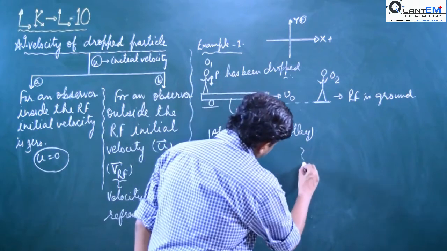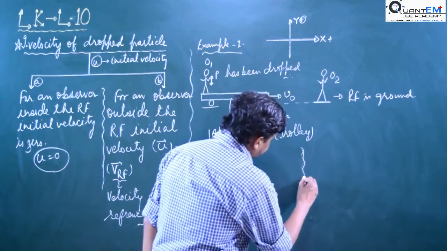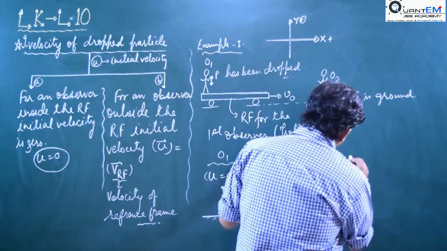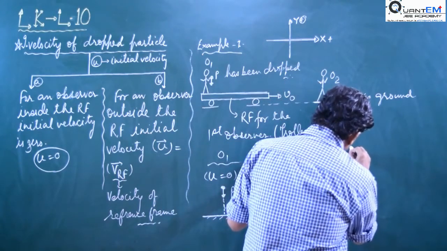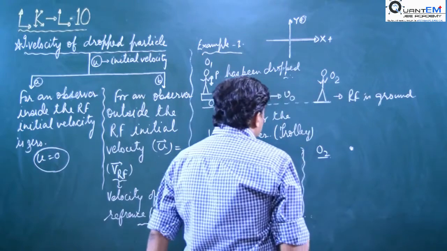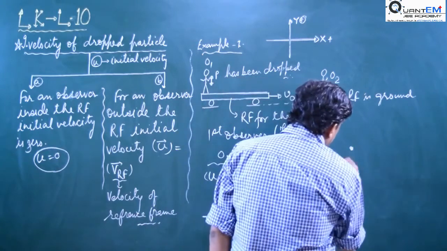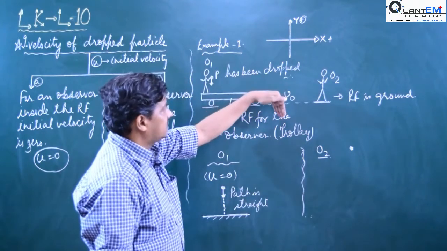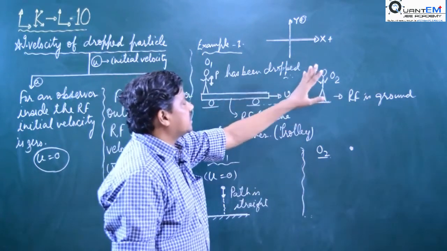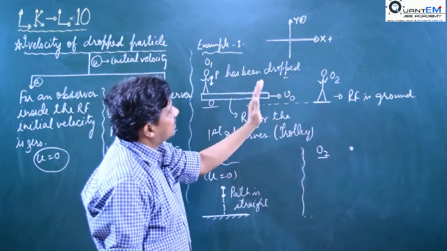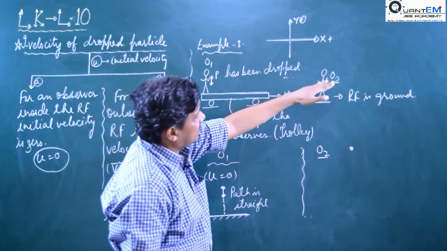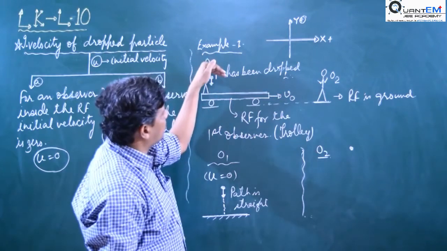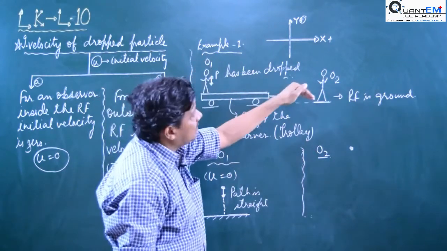Now if we come to the second observer, see, the particle has been dropped from the moving trolley. So this observer is watching this trolley, and what he is observing is that the trolley is moving and the particle has been dropped. This particle is moving with the trolley.